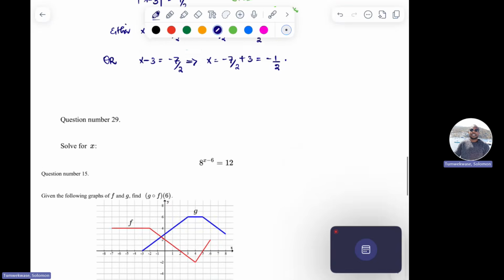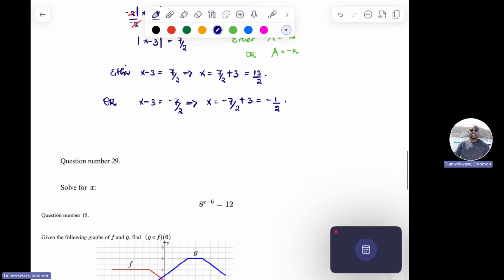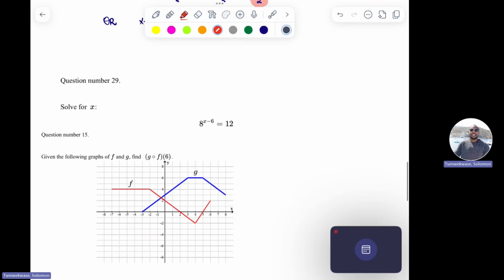And those are the two possible values of x that we get as a solution of this equation.